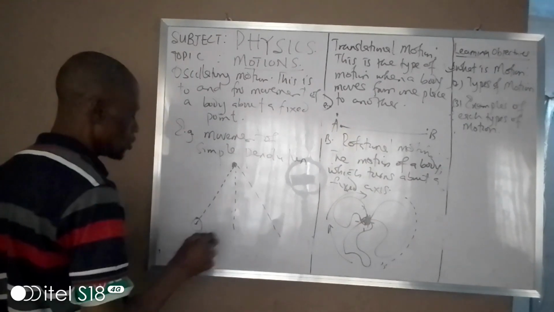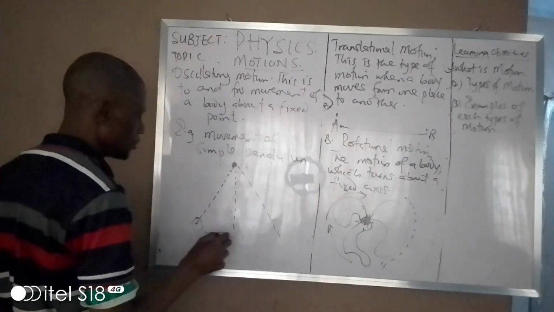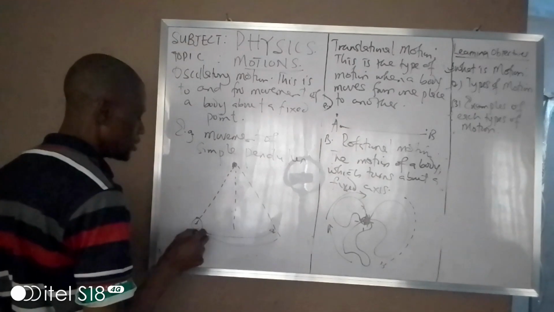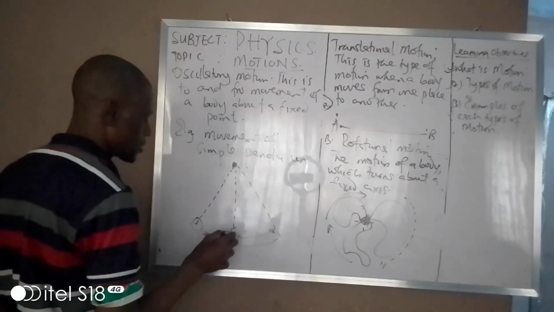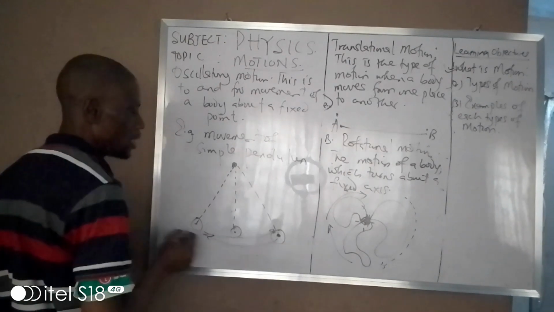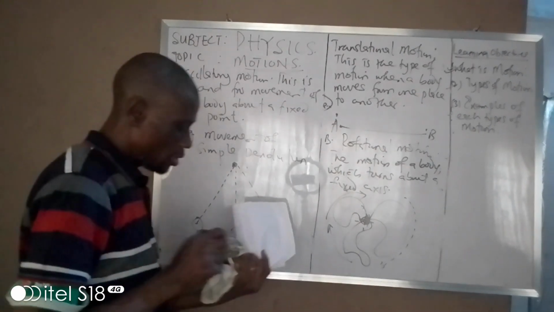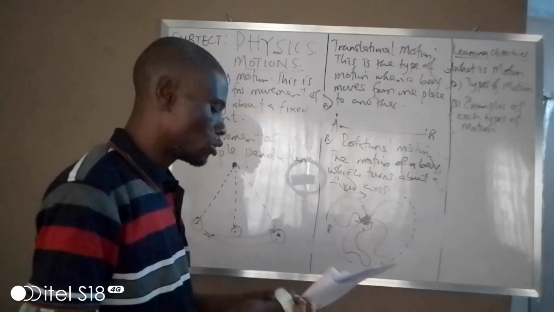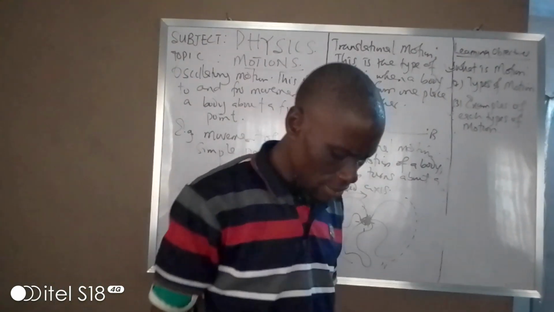Swing is to and fro like this. It's going like this, coming like this, going like this, called what? An oscillatory motion. So that's what we are saying.